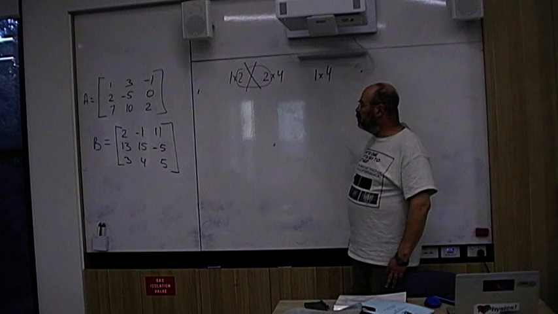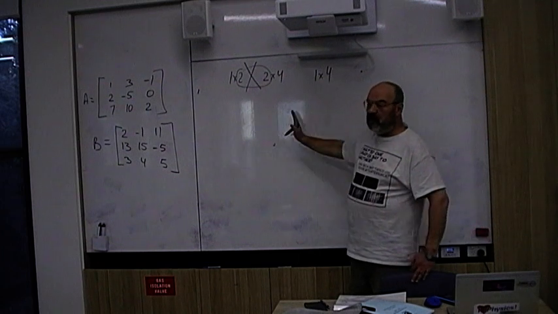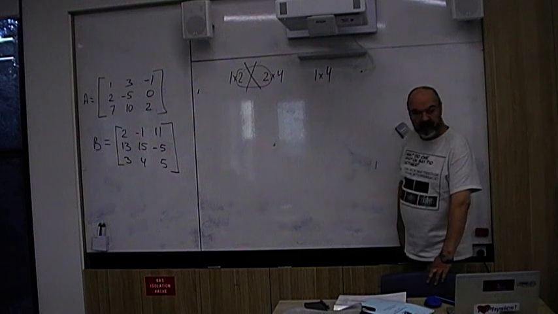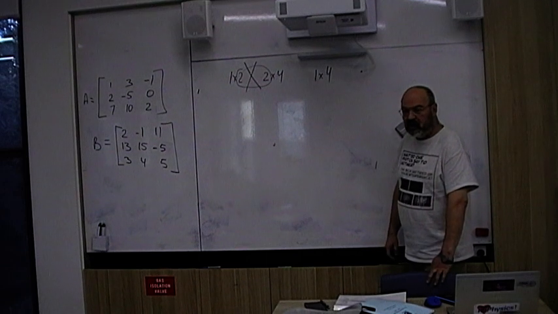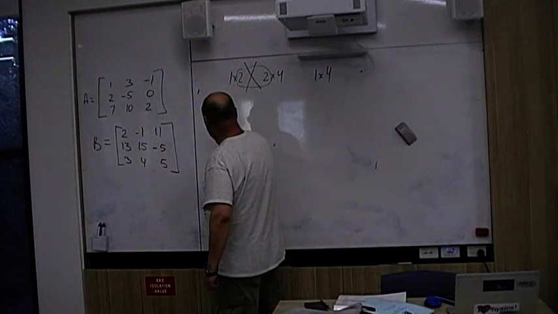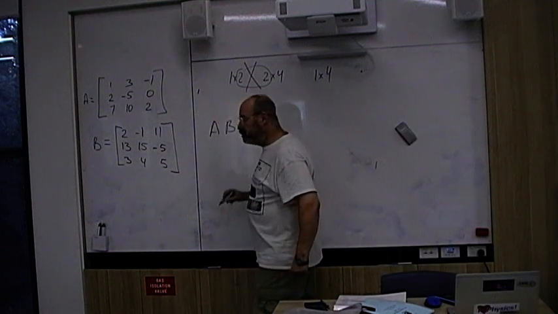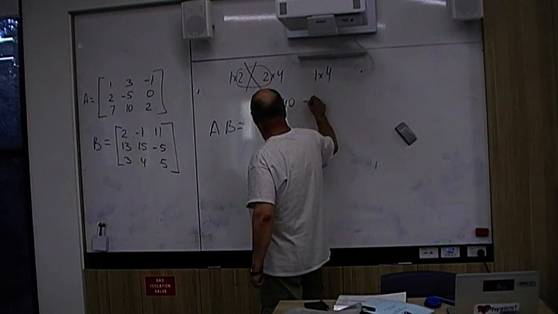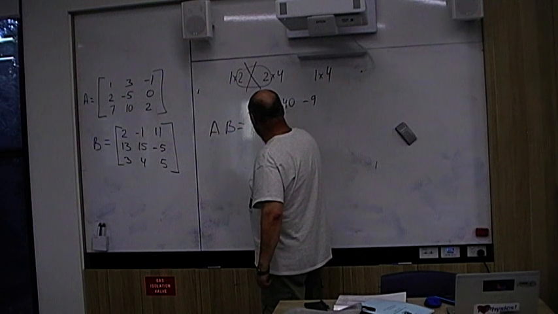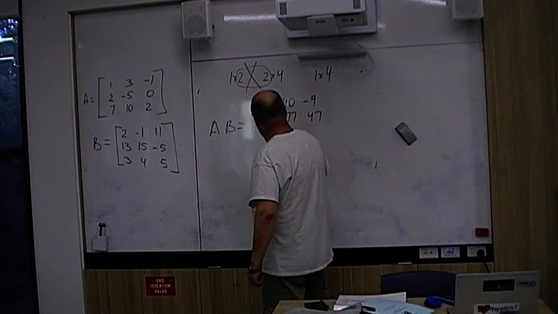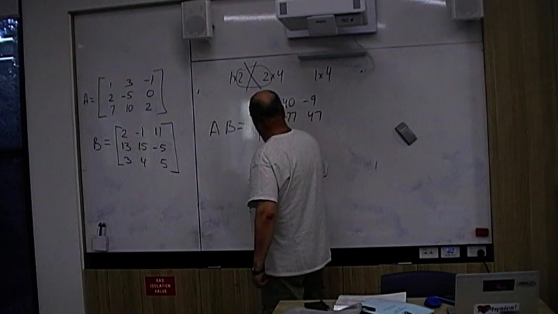Let's finish with this one first. So you've done? Excellent. What's the answer? 38, 40, negative 9, negative 61, negative 77, 47, 150, 151, 37.